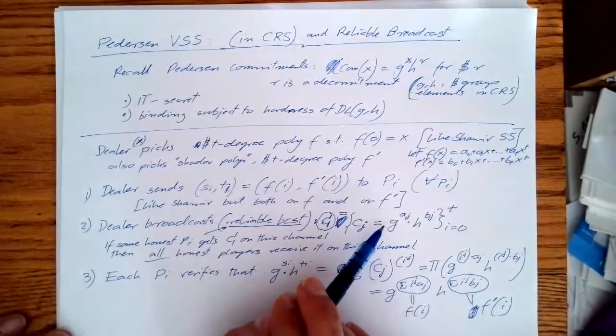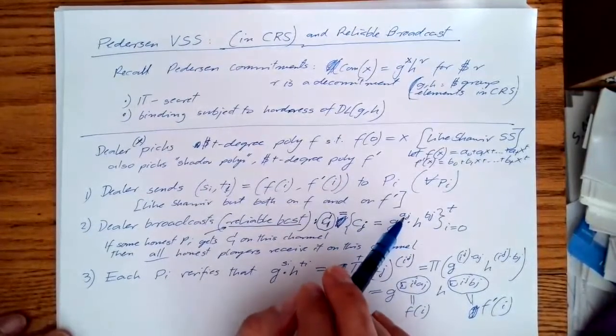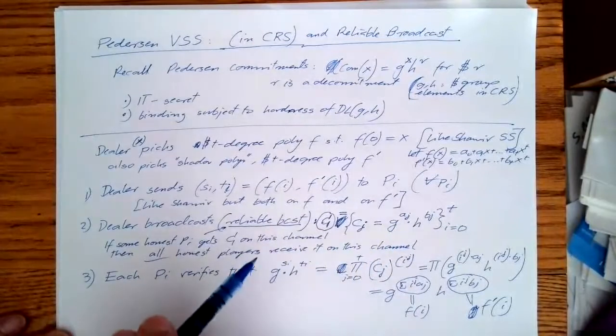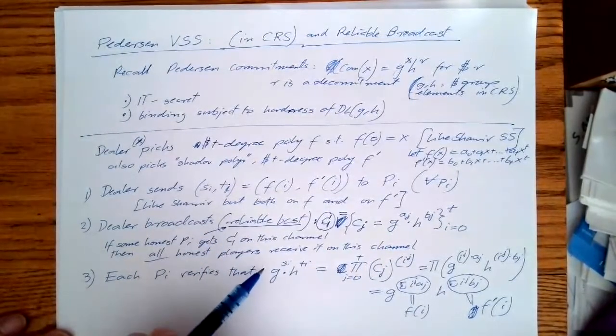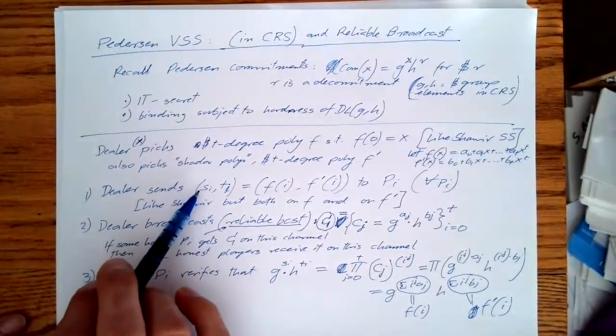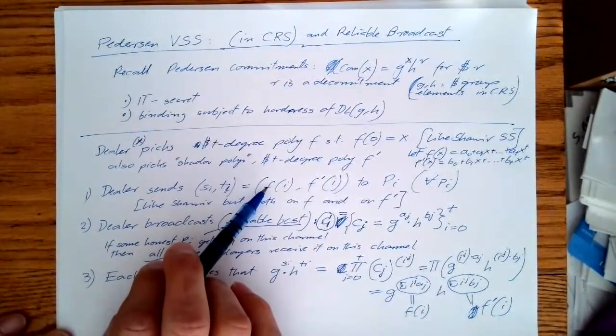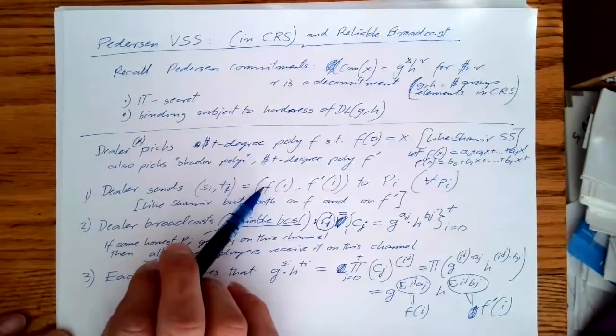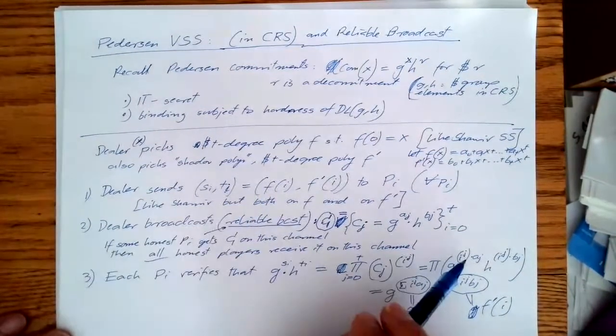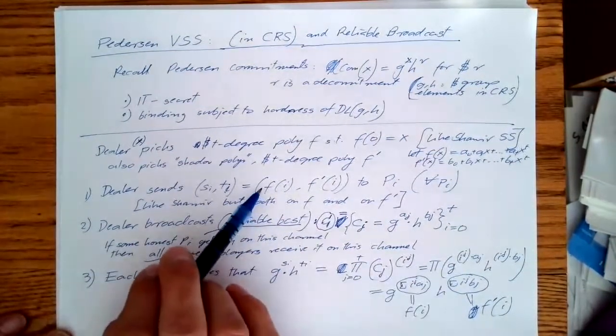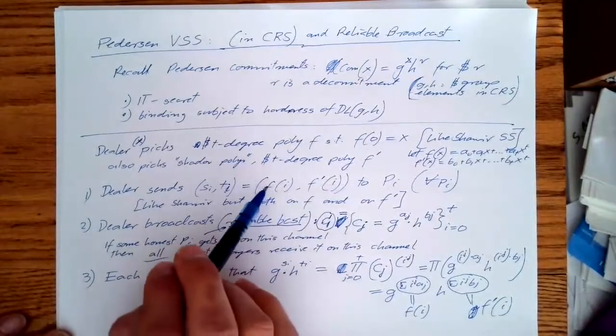So these are commitments to the Ajs. And your value that you got, which is Si, can be expressed as a sum of the Ajs modified by some public factors. These public factors are i to the j. So it's like a weighted sum, right?